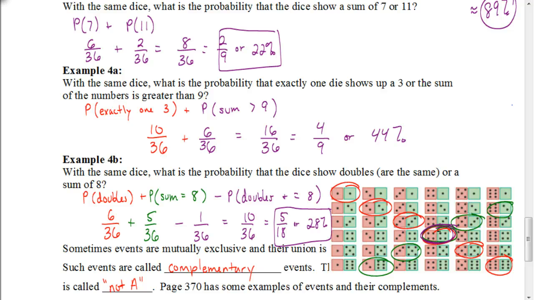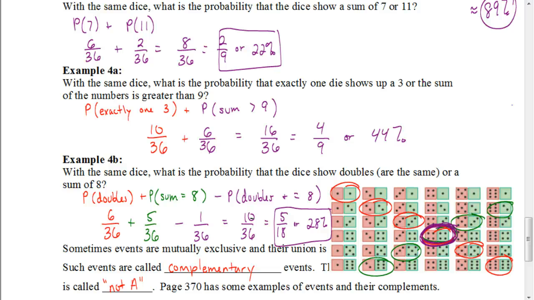The probability of getting doubles is 6 out of 36. The probability of getting a sum of 8 happens 5 times out of the 36. But again, this situation has been counted twice, so we have to subtract it. We're going to take away 1 out of 36. And when we do that, you get 10 out of 36, or 5/18, which would be the same as 28%.